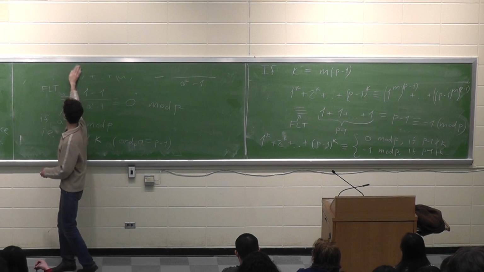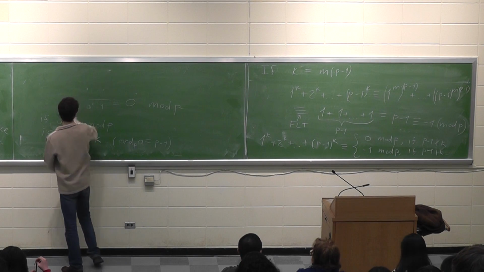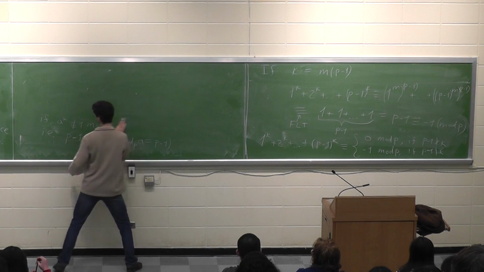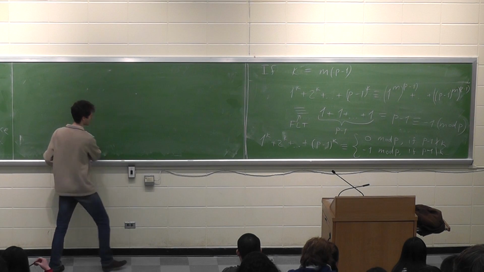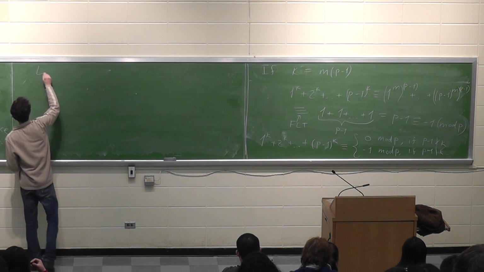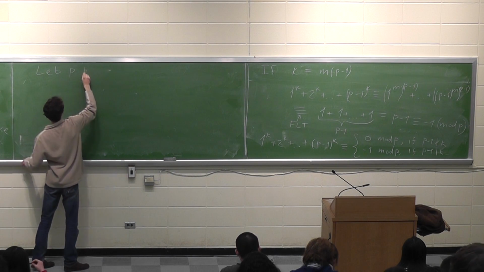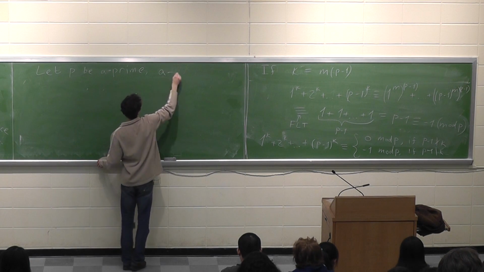Let me discuss then our favorite equation, x to the power k is equal to b modulo p. Let me start with the following step. Let a be a primitive element.